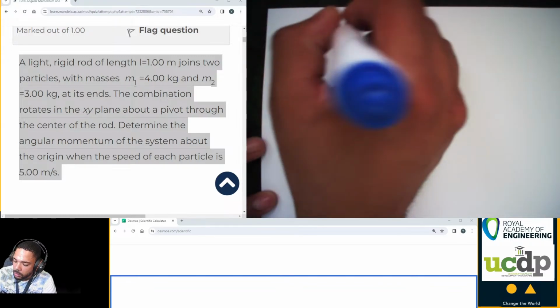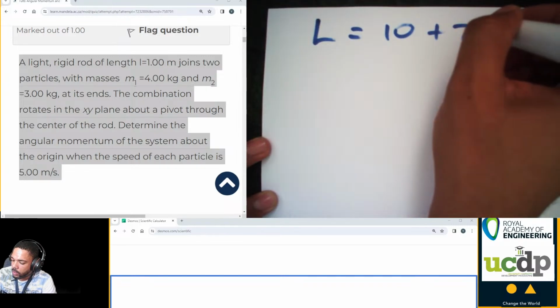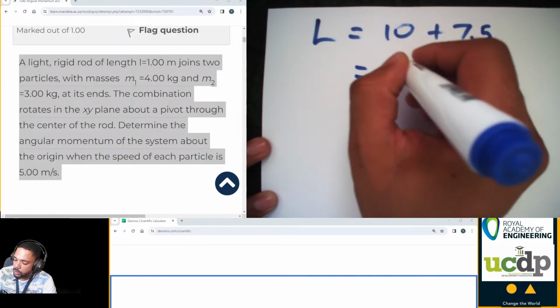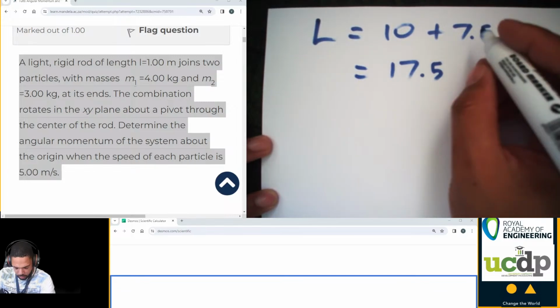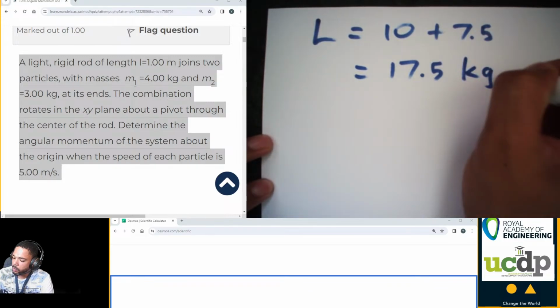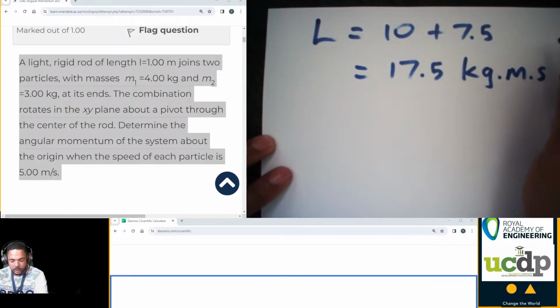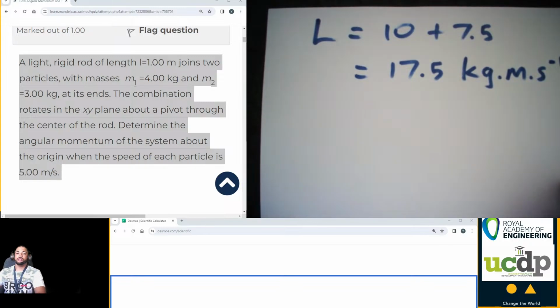So the total angular momentum is 10 plus 7.5, which gives you 17.5 kilogram meters per second.